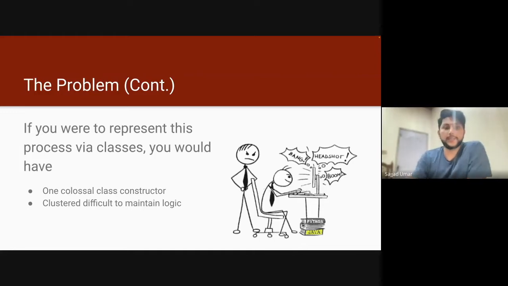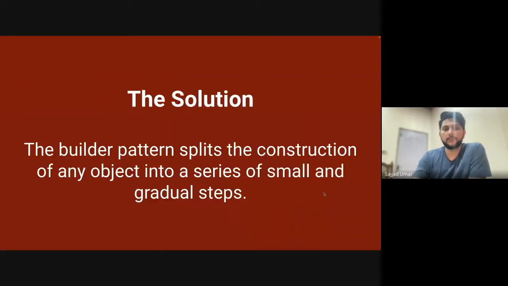In that case, you have a huge logic in a class that is responsible for creating a robot. Imagine this as a problem, and if we consider using builders, the solution would be to split the construction of an object into a series of small and gradual steps.